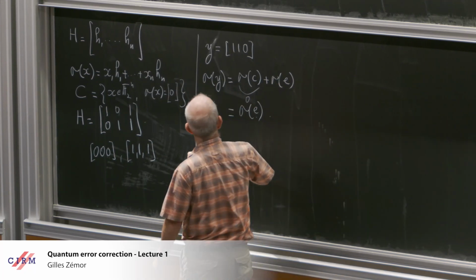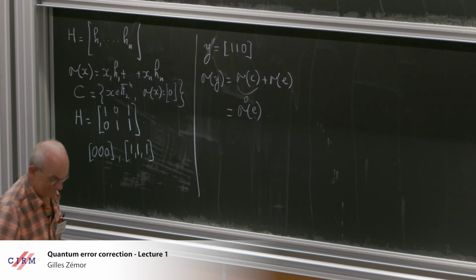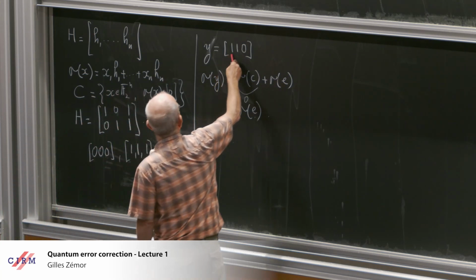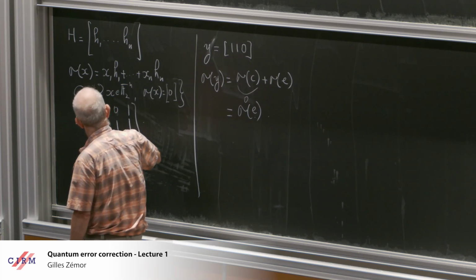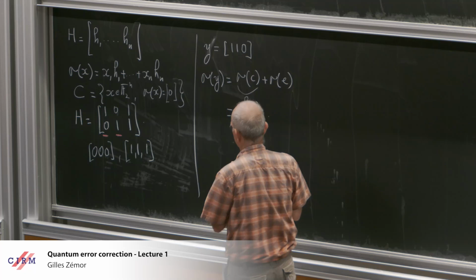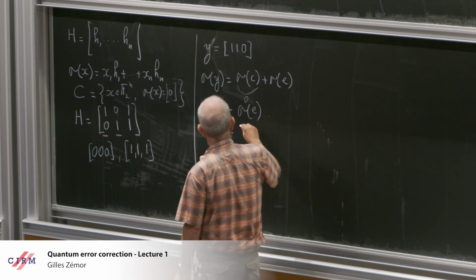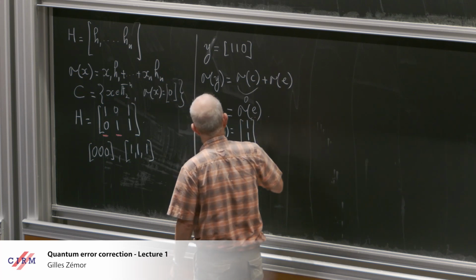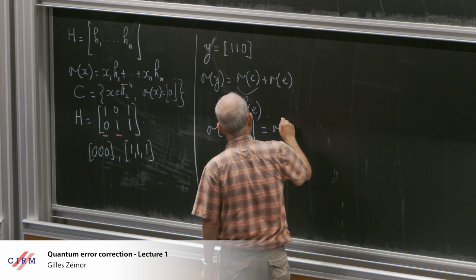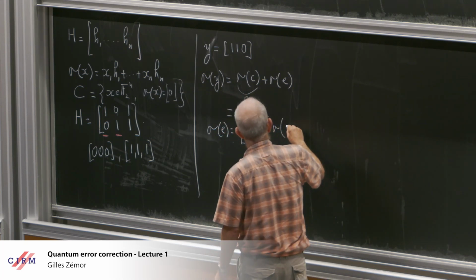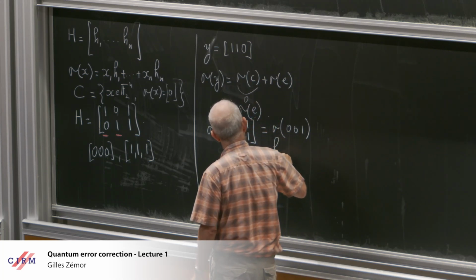So in our example, computing syndrome of E just means adding the first and second rows of the parity check matrix, which gives you the vector 1, 1. And here you realize that this is the syndrome of 0, 0, 1. This is column H3, in other words.